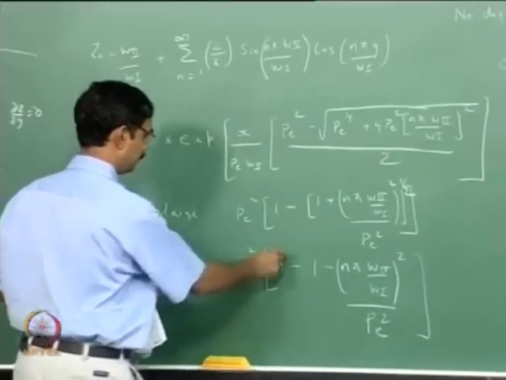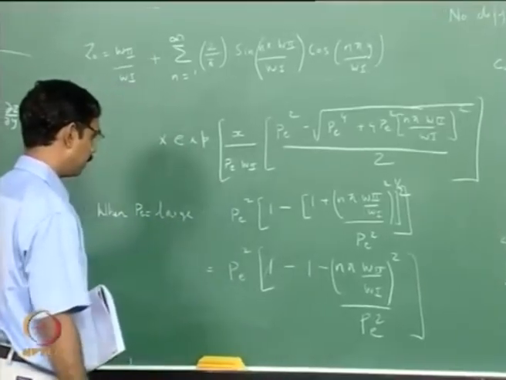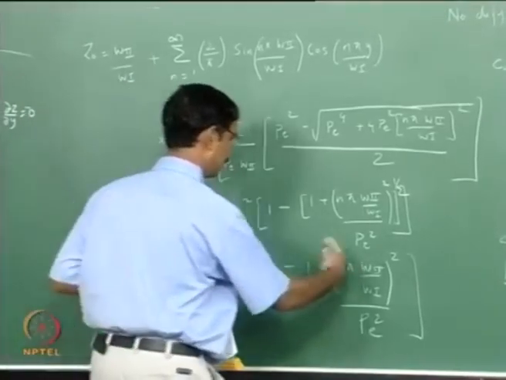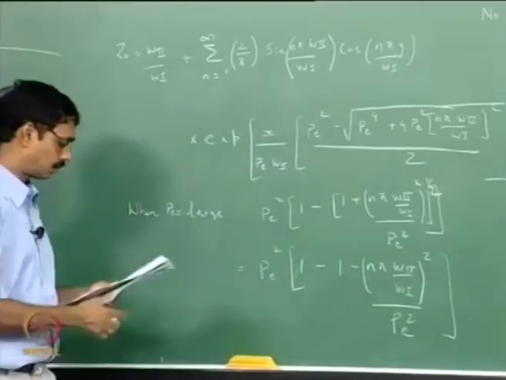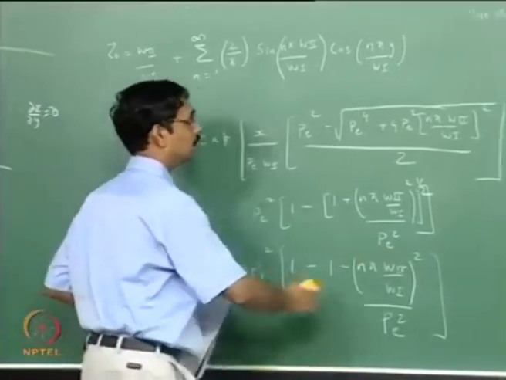So when Peclet number is large, we can simplify it as this particular term. Therefore our full solution is this.